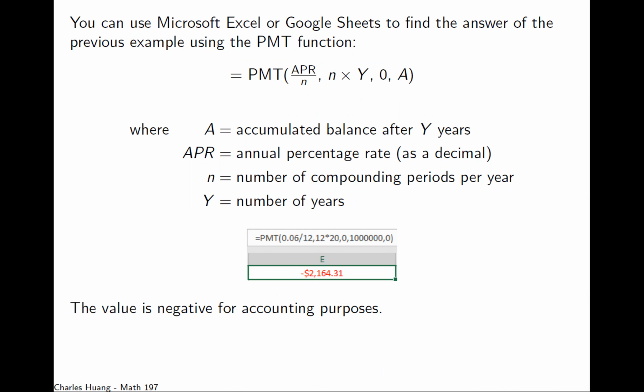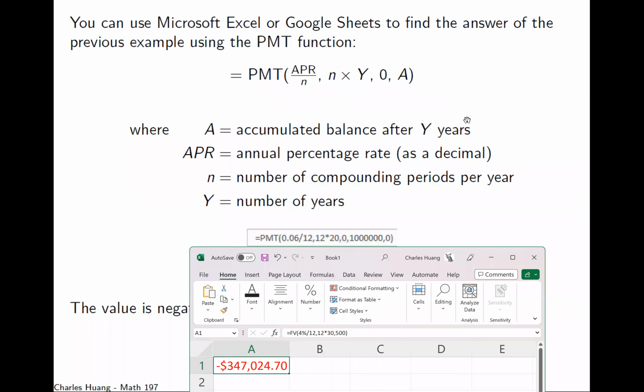In finance or in accounting, the spreadsheets also allow us to do the payment calculation really quickly. The way we do it is really similar, and this time we will use the payment function. In the example that we did previously, we have 6%, and we are compounded monthly, so we divide it by 12.